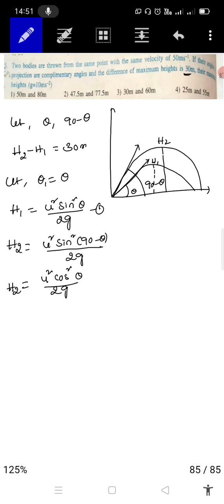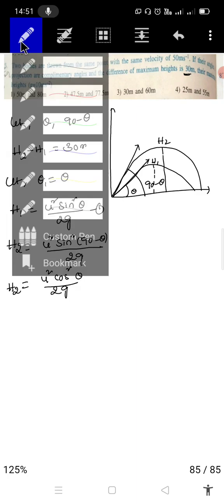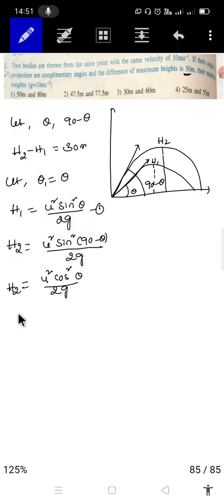According to the problem, h2 minus h1 is equal to 30.